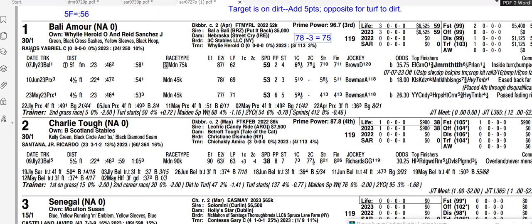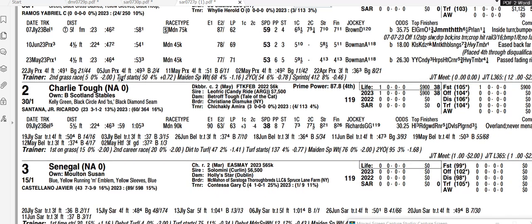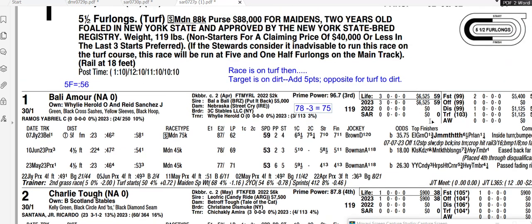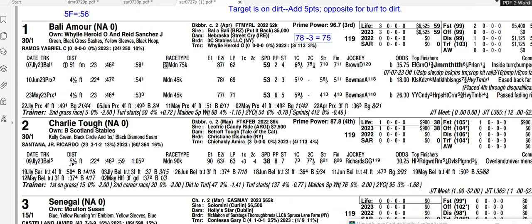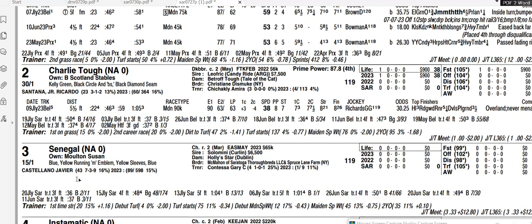So, using hypothetical examples, there's only 3 horses in this race. This was a 5 furlong. This is a 5.5. And this is a 5.5. Well, then I'm going to just use the 5.5 furlong times and get the target rating. So let's say it comes out to a 78 off of 5 furlongs.